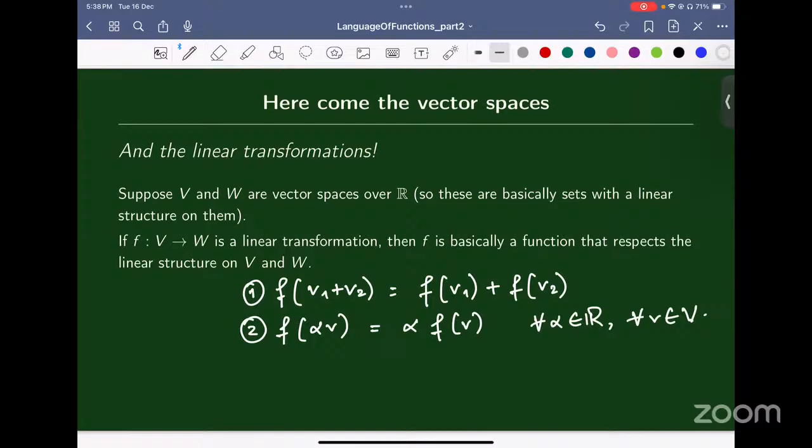f of v1 plus v2 is f of v1 plus f of v2 for any two vectors v1 and v2 in V, and f of alpha v is same as alpha times f of v for every alpha in R and v in V. What does this mean?